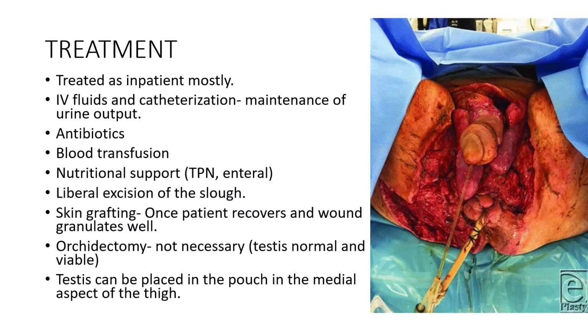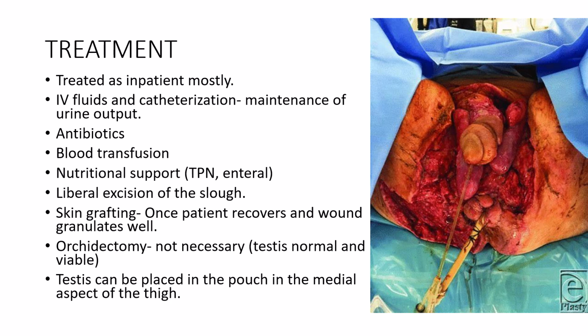So mostly it is treated as an inpatient. Then we go for IV fluids and catheterization, which helps in the maintenance of the urine output. And then we give antibiotics, and blood transfusion if it is required. Then nutritional support is given, TPN or enteral method. And we go for the liberal excision of the slough.